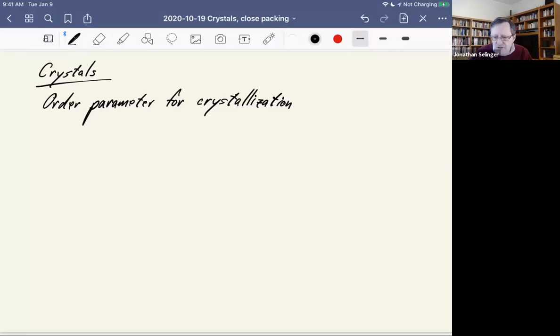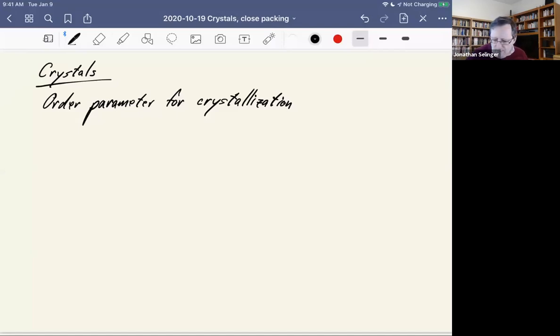A way to construct such an order parameter is to look at the density function. Last week I drew some graphs of how the density function might look in a liquid, where it would be just flat, versus in a crystal, where it would have a series of peaks at the special positions.